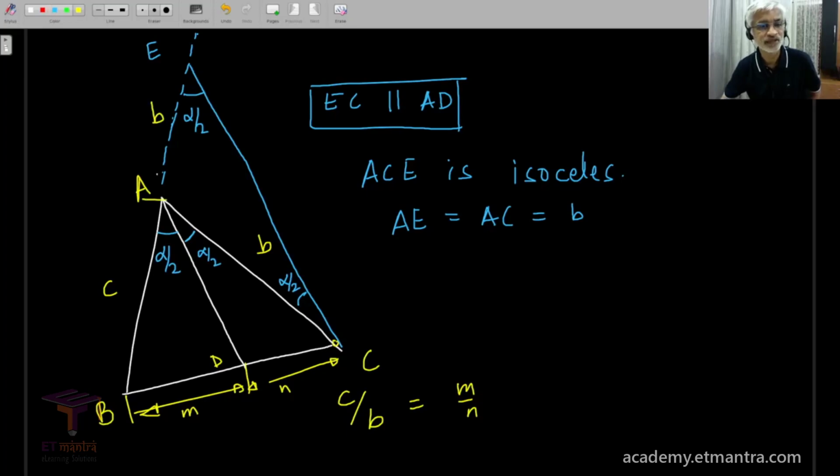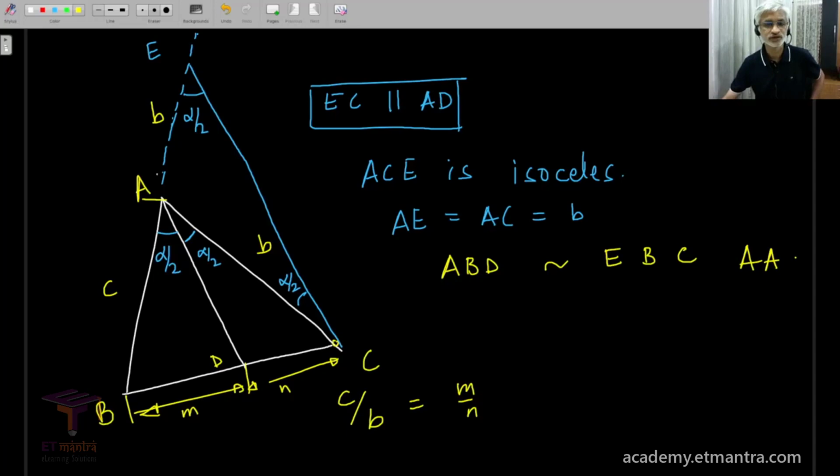And then finally we have triangle ABD is similar to triangle EBC because of the fact that two angles are the same. So by AA, that is because EC is parallel to AD.